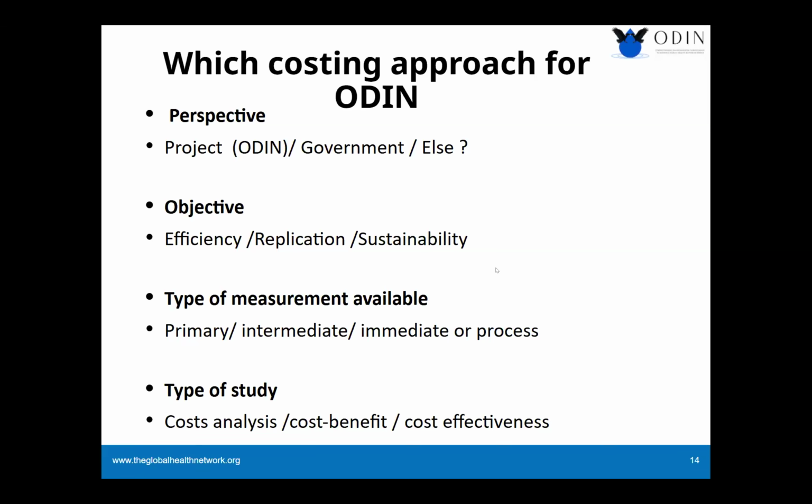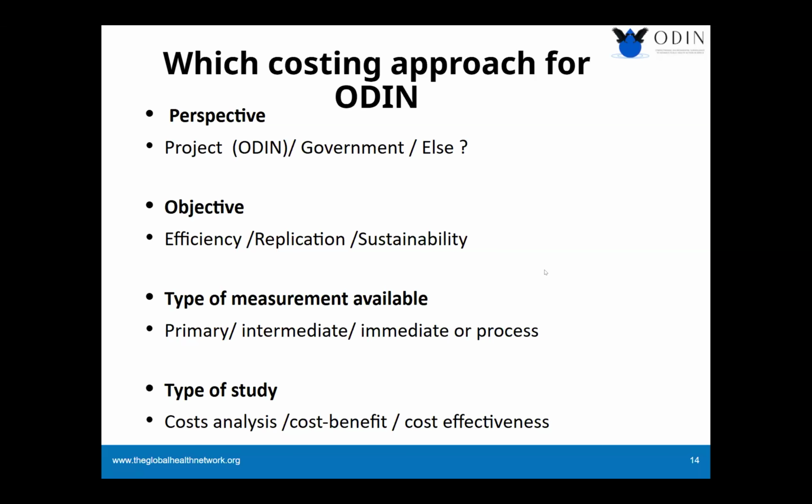The other aspect is the type of measurement, because even when we put a strategy in place, we need to measure. There are different outcomes: the primary outcome, or intermediate outcomes, which reflect the change due to the intervention, for instance the number of cases treated.